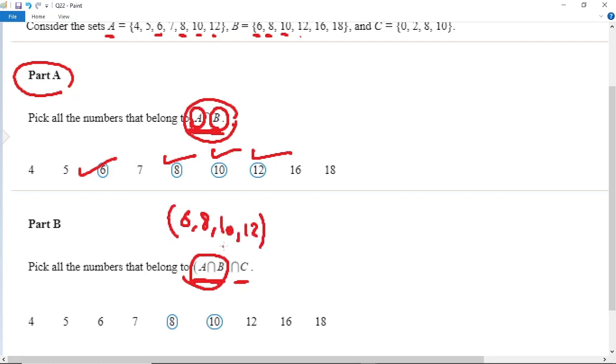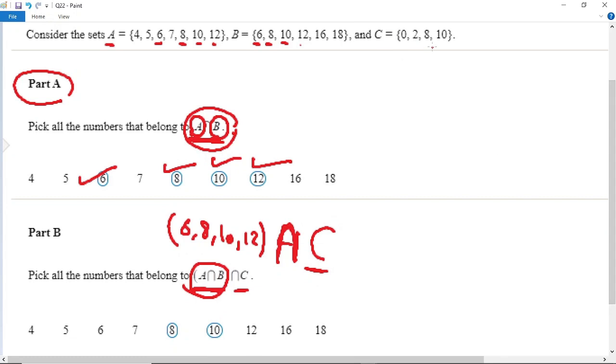Okay, this set of numbers, which I already got in part A, I will intersect with C. So C, here, is 0, 2, 8, 10.